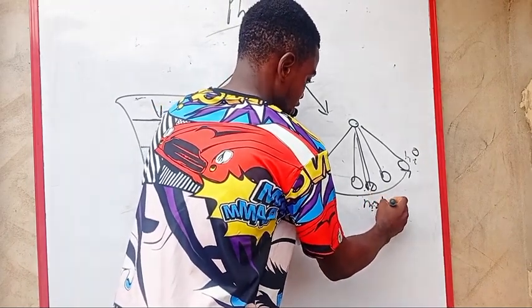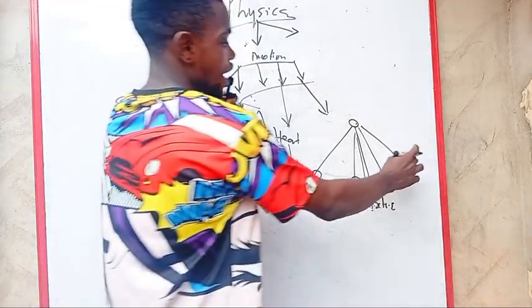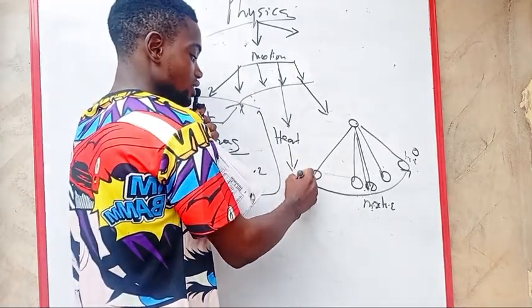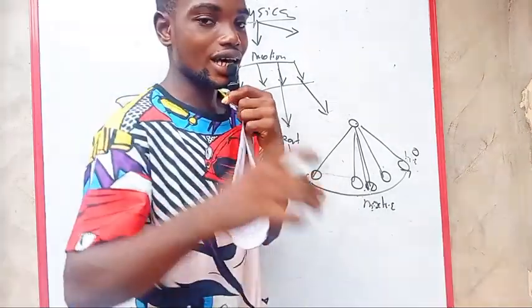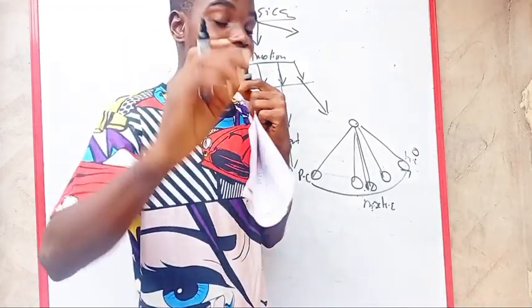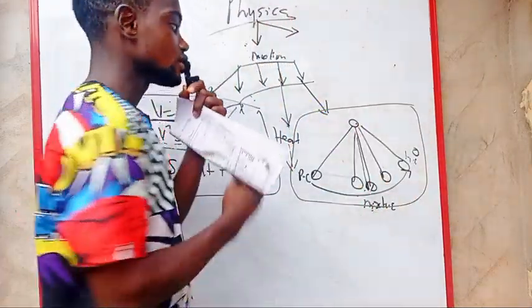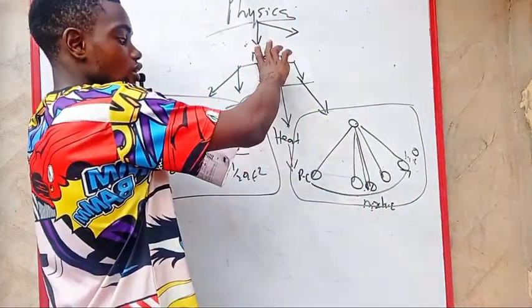This place and this place is where the maximum potential energy is found. Remember that potential energy requires rest. Now you may be asked to draw this diagram. Are you getting me? That is what we can say from motion.